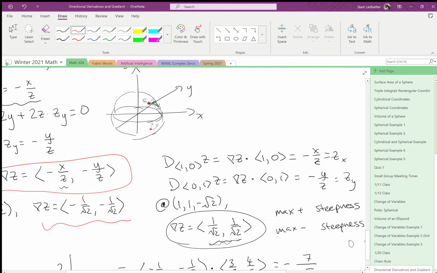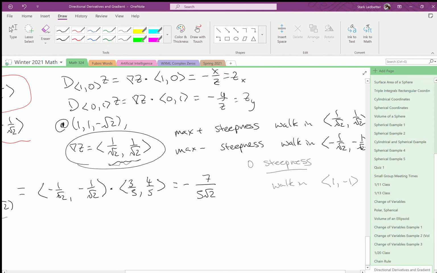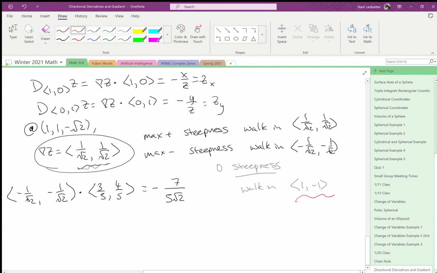If I walk in the direction 1 comma negative 1, so I'm going positive in the x, negative in the y, I'm going this way. And what ends up happening, this is actually the tangent vector to this level curve of the sphere, which is a circle. So that's what I'm finding there with these vectors that are parallel, basically, and orthogonal to the gradient vector.